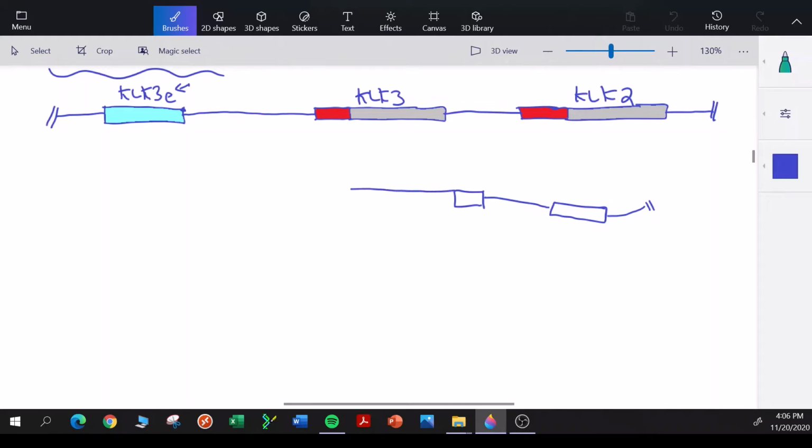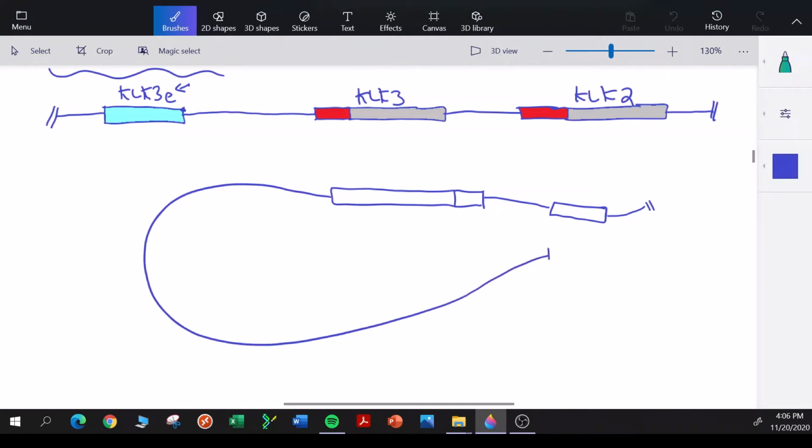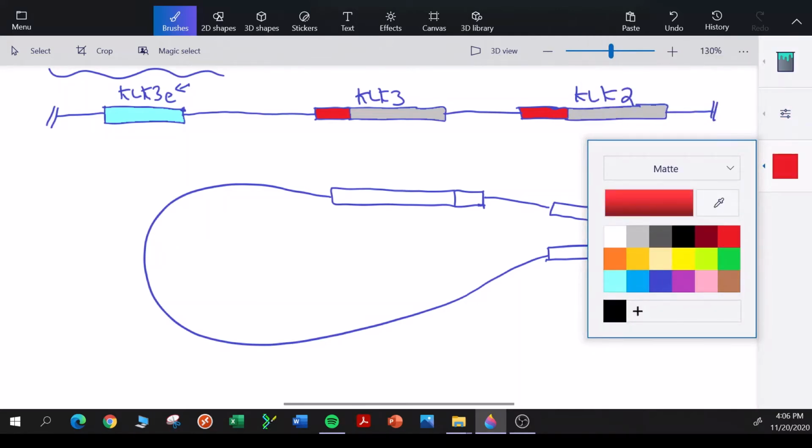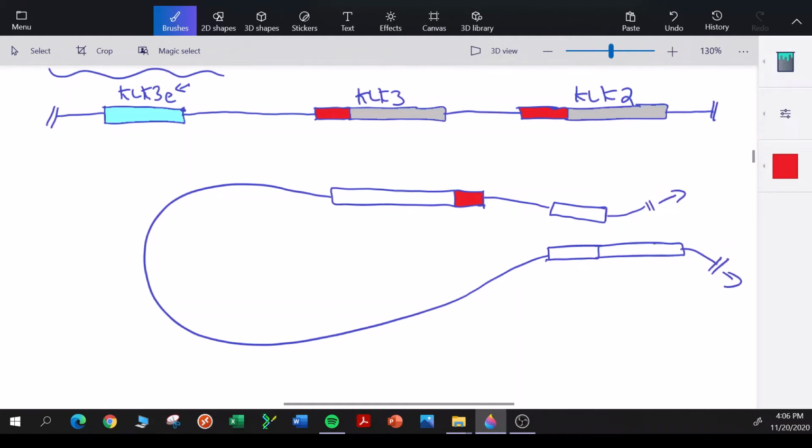Here is the KLK3 gene. Here is a big chromatin loop. Here is the promoter of KLK2. Here's the KLK2, and the DNA continues off the page there. So I think I can color these in quickly again. And hopefully you're taking notes as you're watching the video.